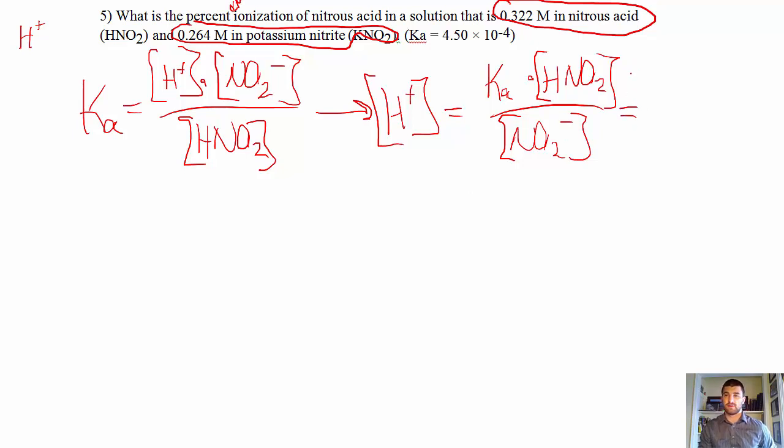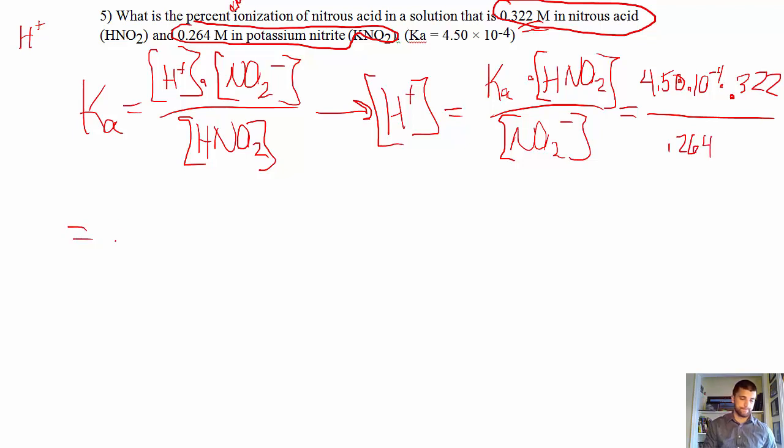Ka, the 4.50 times 10 to the minus 4 times the HNO2, the nitrous acid, which is this 0.322, all over the potassium nitrite, which is the 0.264. And I get 5.49 times 10 to the minus 4 for my H plus concentration.